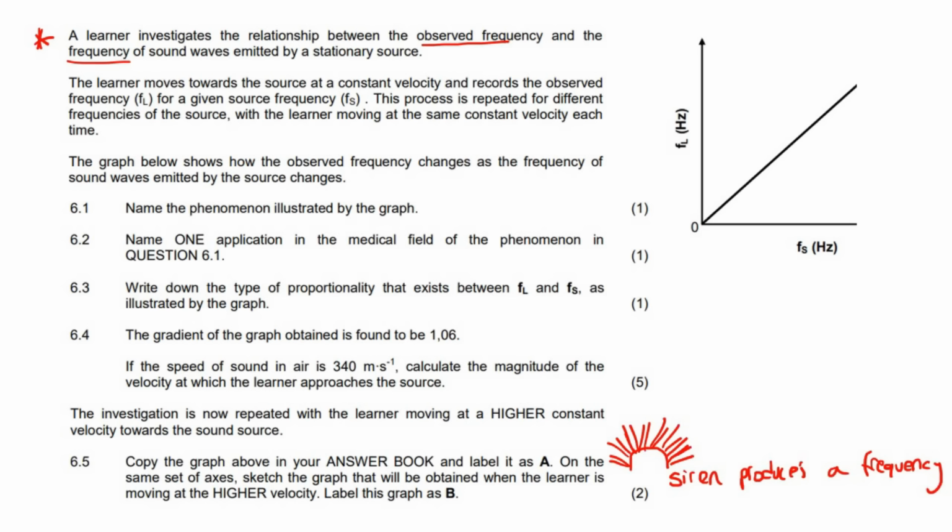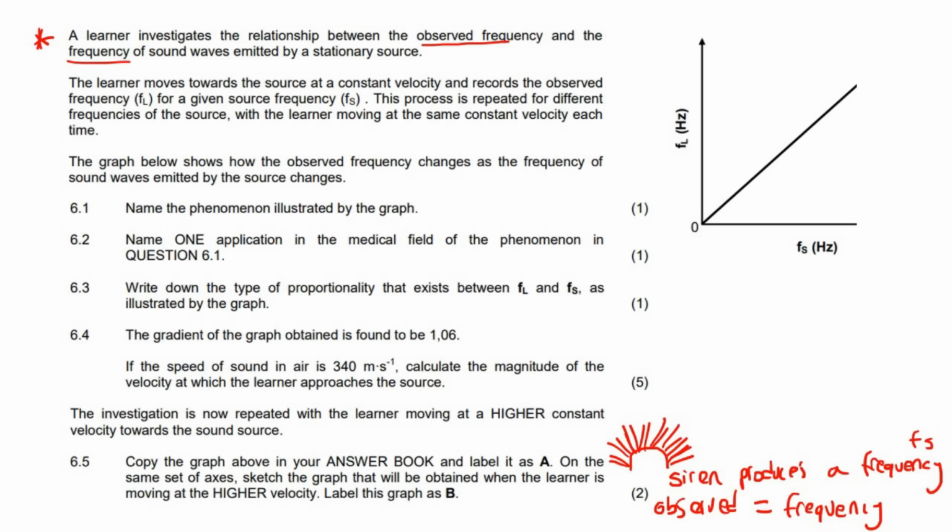Now, as I said, listen carefully. If you are standing next to the police siren, or the ambulance siren, and you are not moving, and the ambulance is not moving, so there's no relative motion between you two, then the observed frequency, which is the frequency that you are observing, will be equal to the frequency of the source.